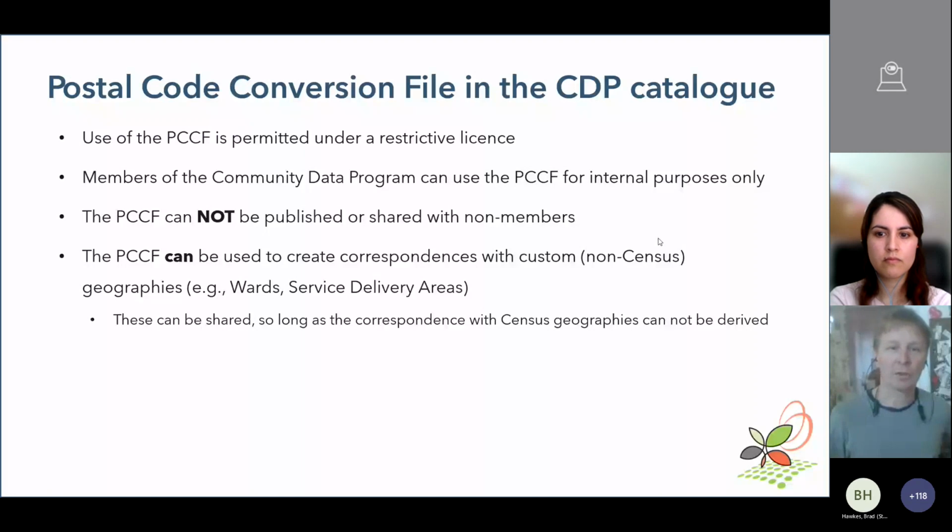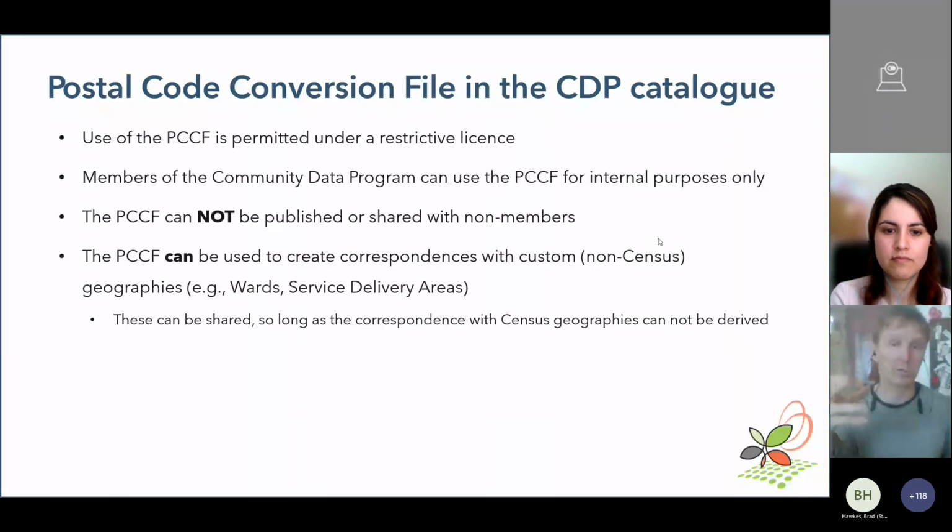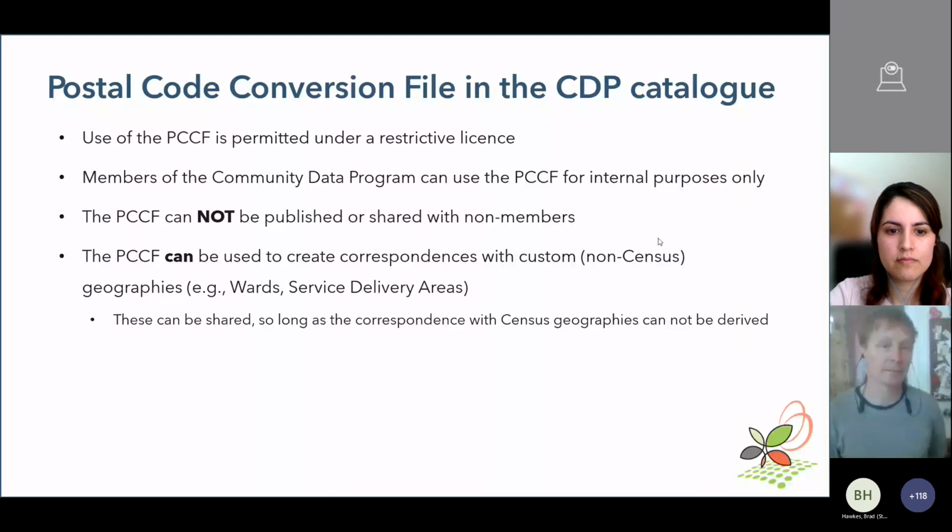So you should not be publishing records from the PCCF or sharing it with non-members. You can take the PCCF and create new correspondences with custom geographies. So say rolling up data from the PCCF postal codes into custom geographies like wards or service delivery areas.